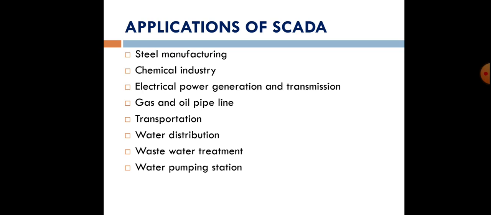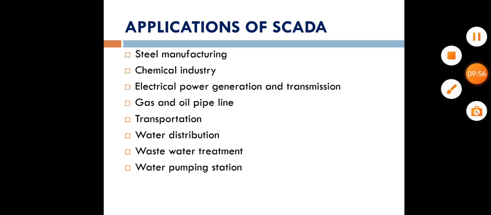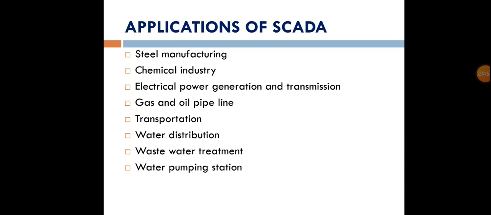Fourth one, gas and oil pipeline. Fifth one, transportation. Sixth, water distribution, seventh, wastewater treatment, and next application is water pumping station. There are many other applications of the SCADA system.